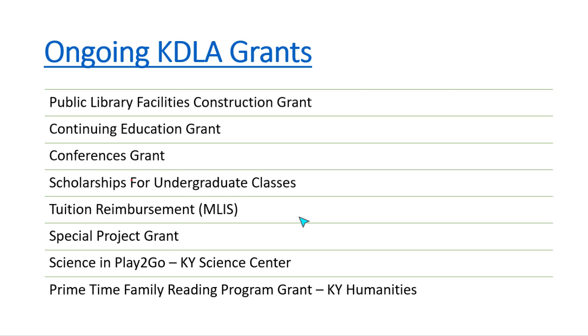And the library doesn't receive money for this, but they receive roughly about $5,000 in programs and services. And this is run through Kentucky Humanities. I think their application was open, and I think it's closed, and they've selected their libraries. So be looking for that, and that usually comes available in July or August of every year.